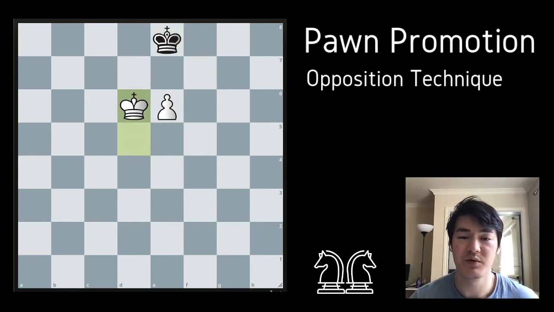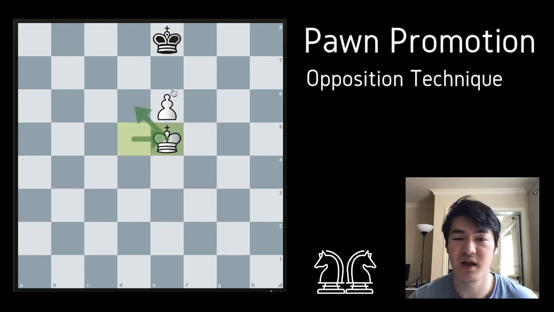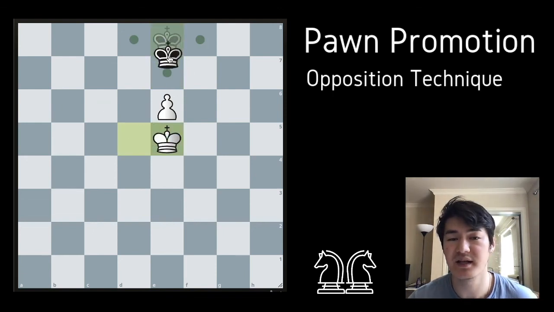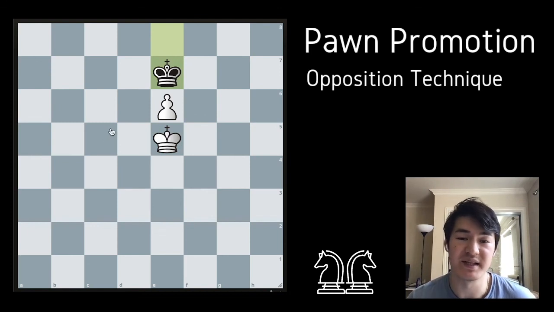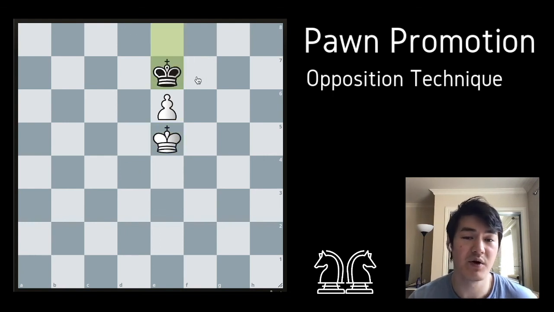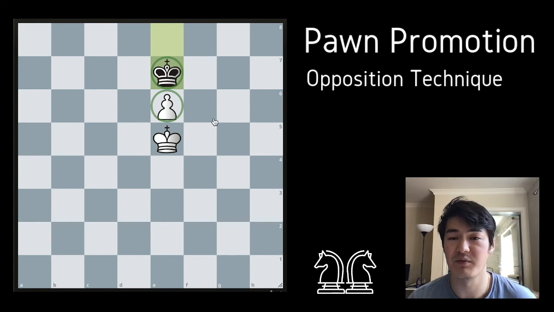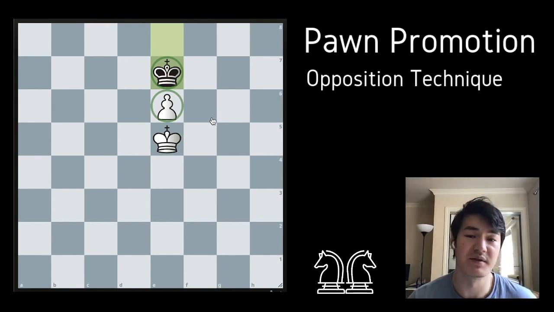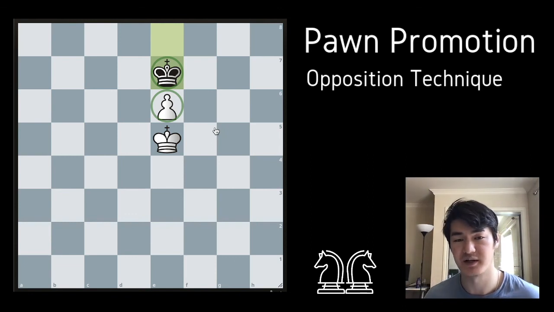So if we move our king to here to do this triangulation, the opponent's king can actually go to e7 to take the opposition. So if black does this, everybody, this is actually going to be a draw, again, by 3 repetition. So if the opponent's king is in front of our pawn, then technically this is going to be a draw if they play correctly.